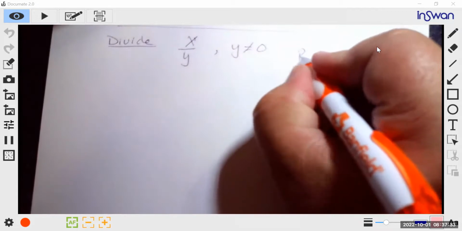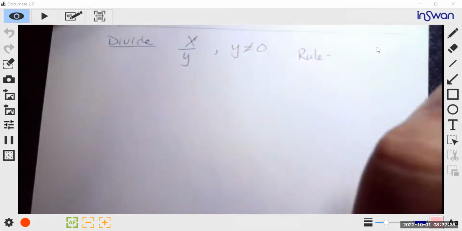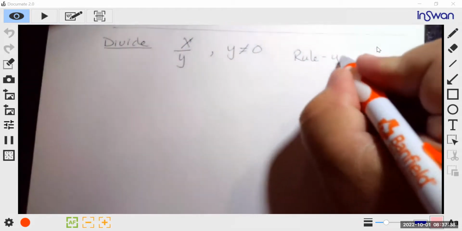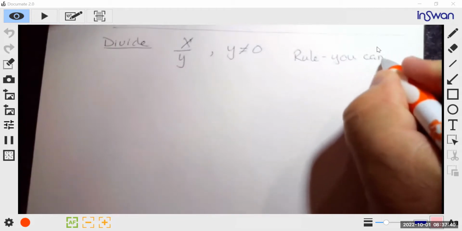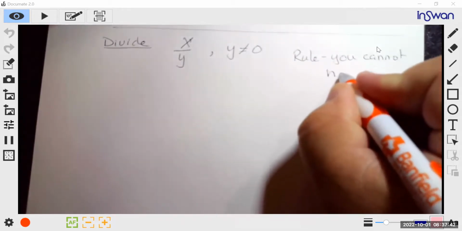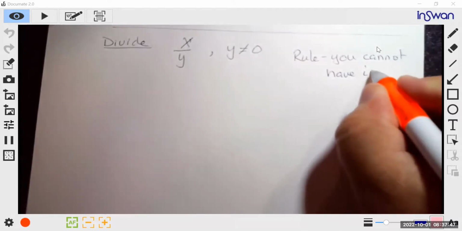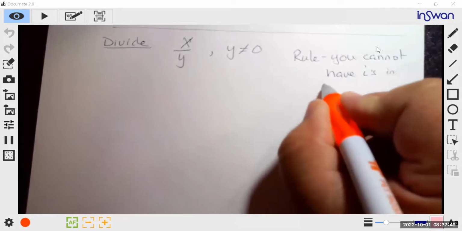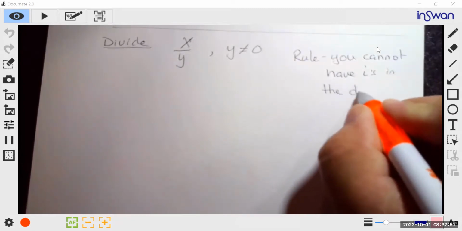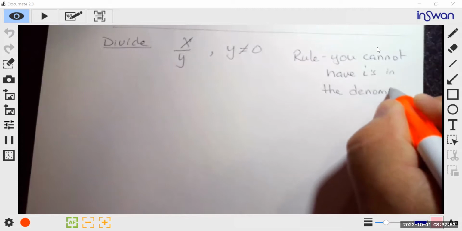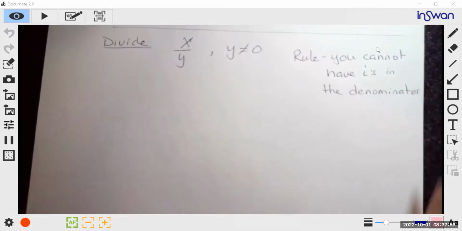So the rule here is you cannot have i's in the denominator. You cannot have i's in the denominator. So we have to get rid of it.